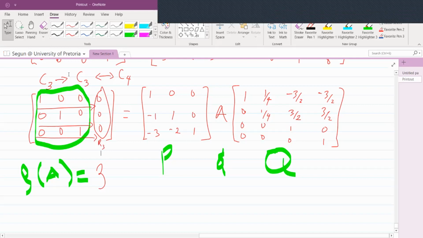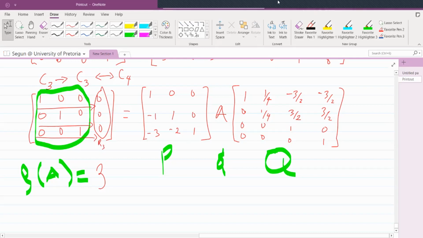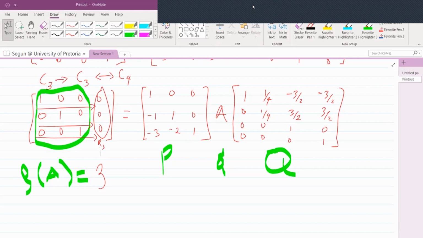Any question? Now, we call this one. Sam, what's the essence of the P and Q on the right hand side? Good. P and Q are just non-singular matrices, matrices that anytime you find their determinant, will not be zero.